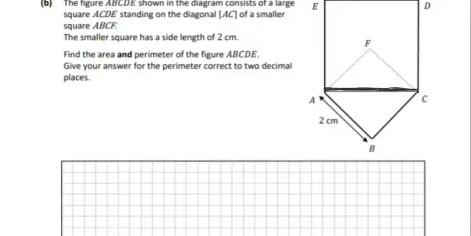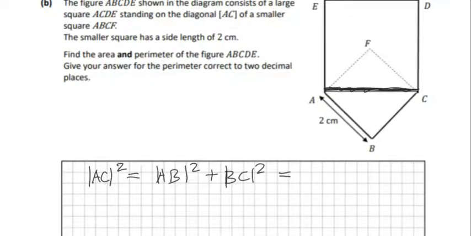So AC squared is equal to AB squared plus BC squared, the other two sides. So let's put it all together. So we have 2 squared plus 2 squared. 2 squared plus 2 squared is 8.